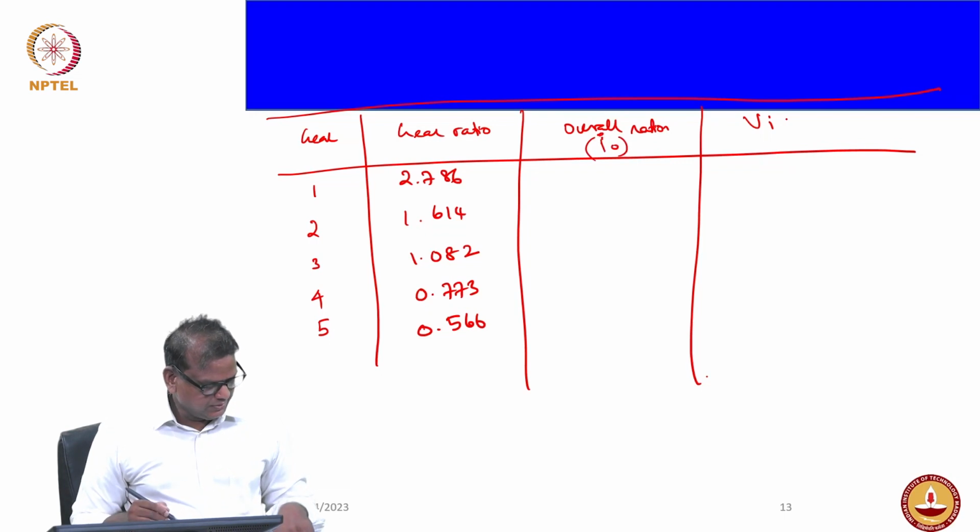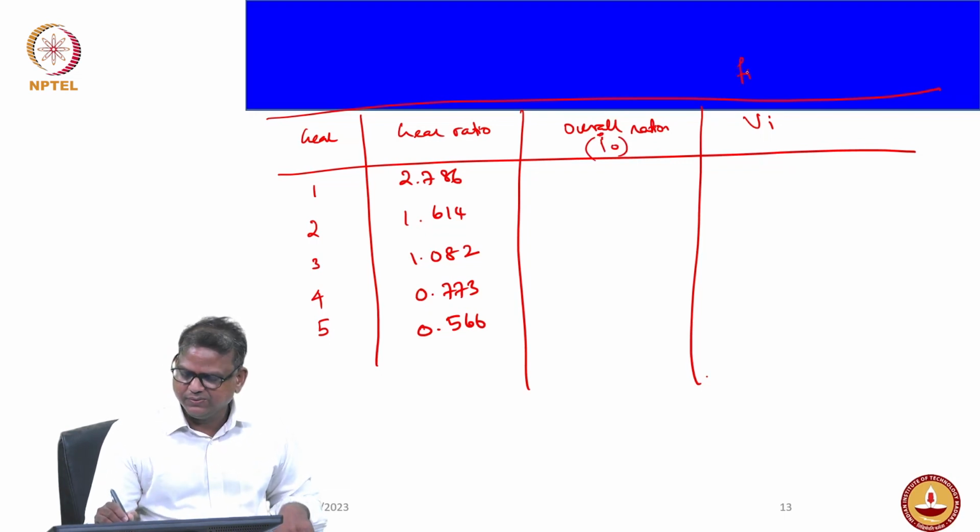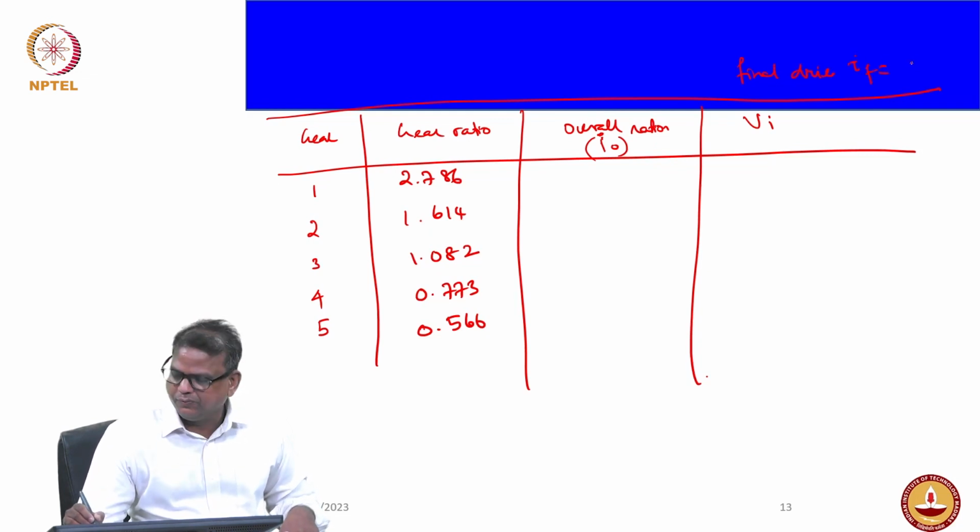So what is the final drive ratio? In the problem, the final drive ratio IF is given as what? 4.44. Yeah, 4.44. So you have to multiply that.